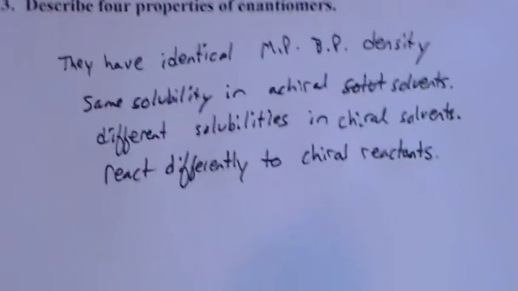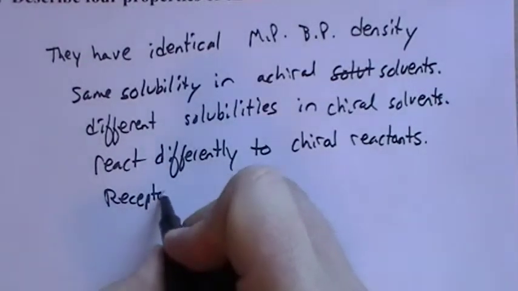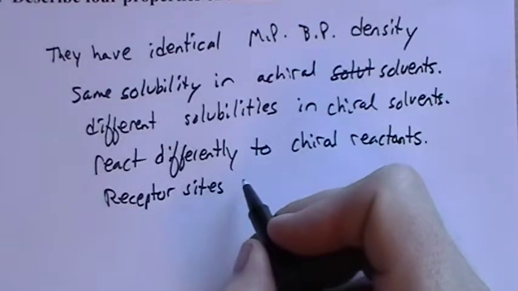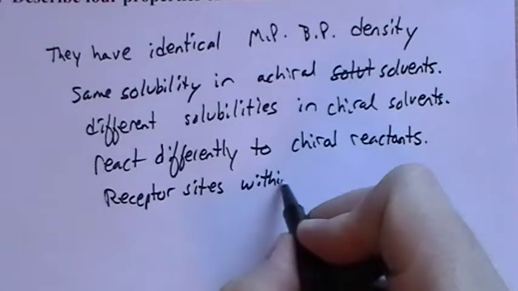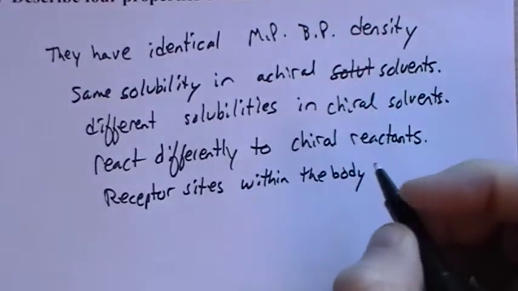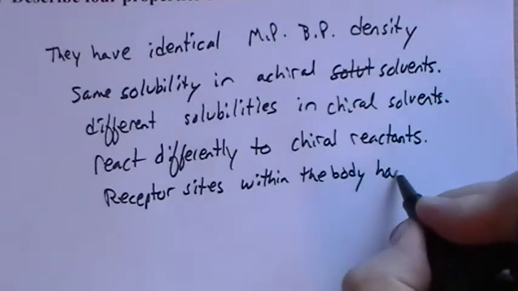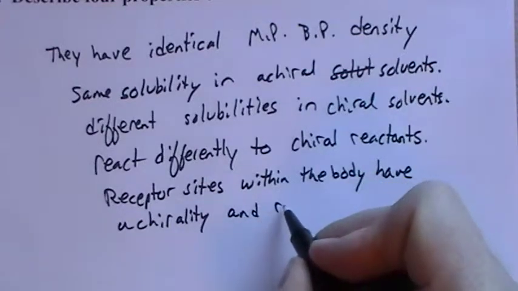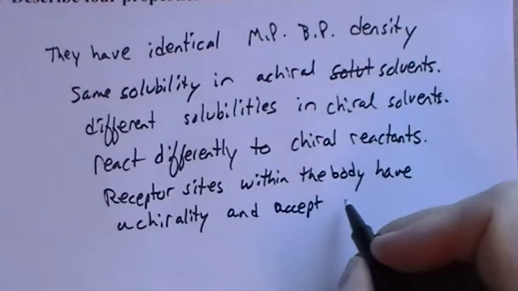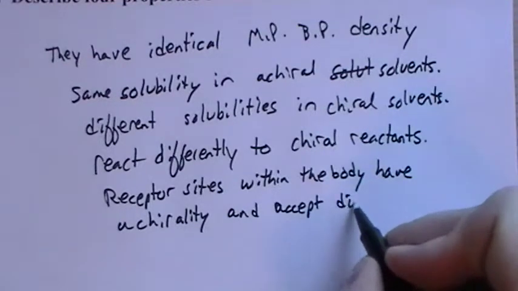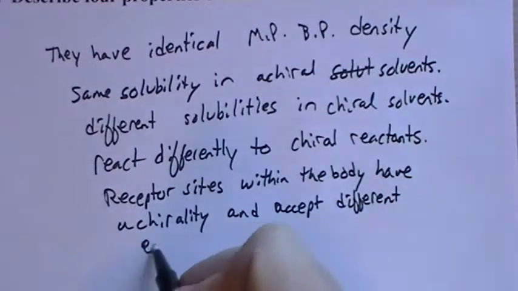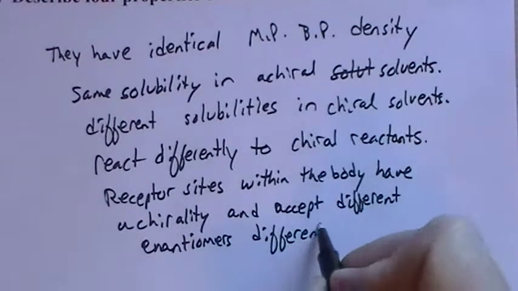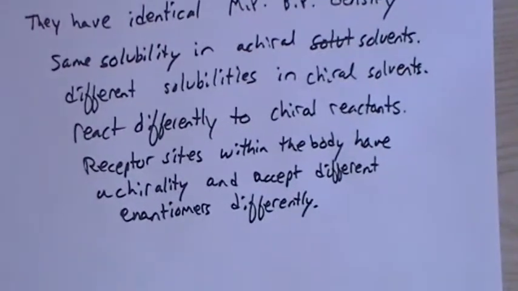And then here's the big thing. Receptor sites. Within the body, receptor sites have a chirality and accept different enantiomers differently.